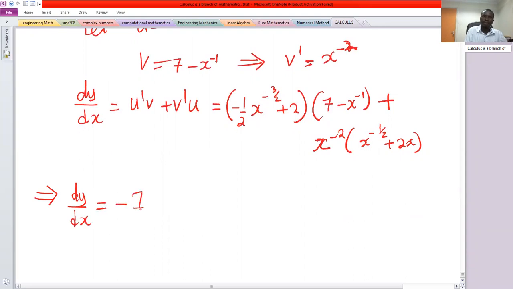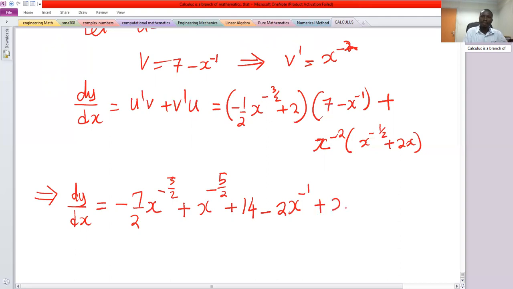So negative 7 over 2 x raised to power minus 3 over 2 plus negative 1 plus minus 3 over 2, we get x raised to power minus 5 over 2, plus 14 minus 2 x raised to power negative 1, plus x raised to power minus 2 plus minus a half is minus 5 over 2, plus twice minus 2 plus 1 is minus 1.